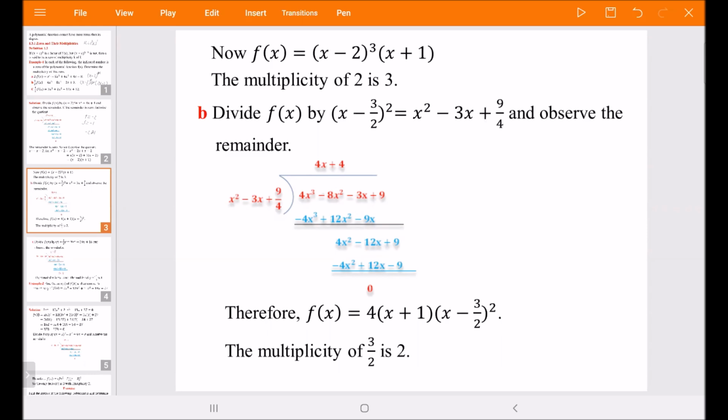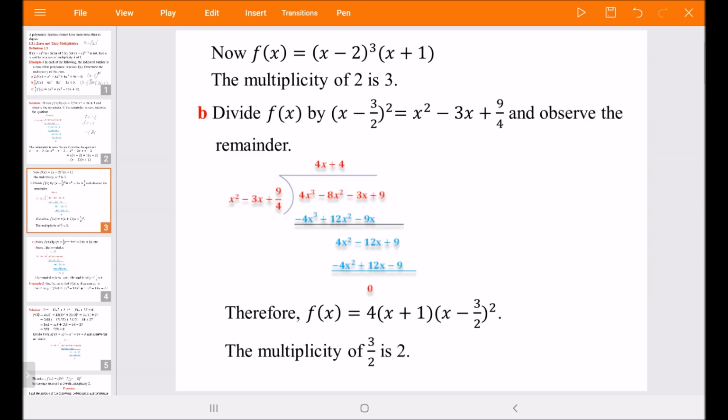But in this case, because this is a degree 3 polynomial, the quotient obtained after dividing it by a divisor whose degree is 2 is linear. What matters is therefore the remainder obtained. So the polynomial 4x cubed minus 8x squared minus 3x plus 9 divided by x squared minus 3x plus 9 over 4, the quotient is 4x plus 4.